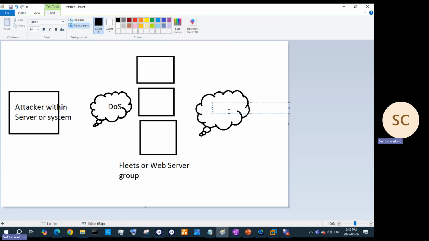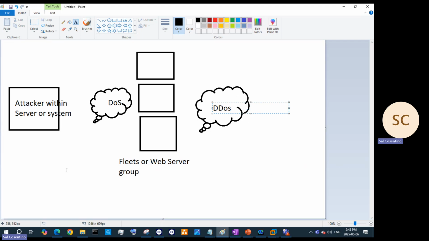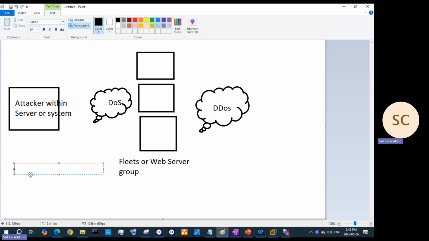I'll talk about that later in the topic, because I want you guys to understand what DOS is first, and the differences, the five differences, and what those differences are. I'm going to touch base on one of them at a time. So five differences that I think are important for you guys to understand.